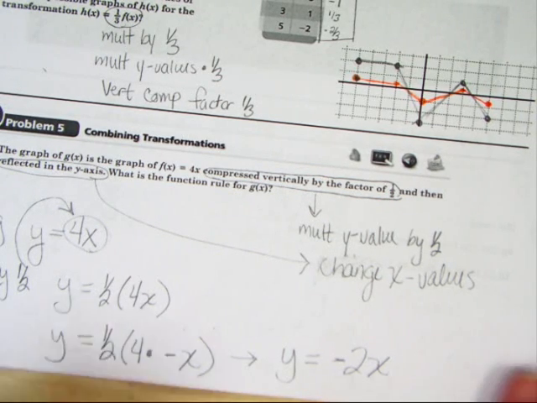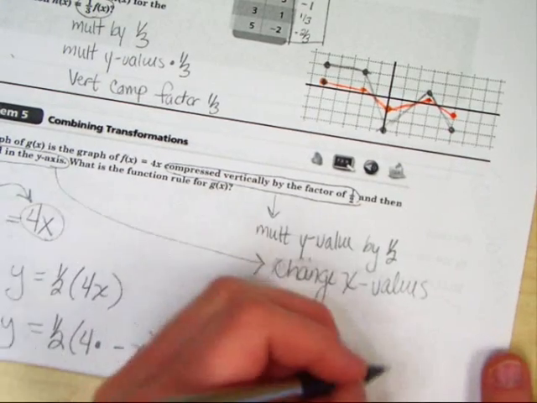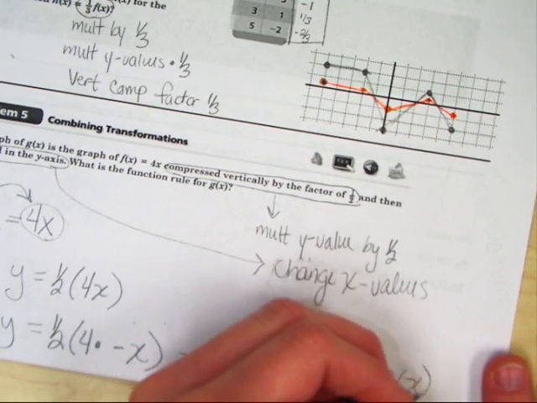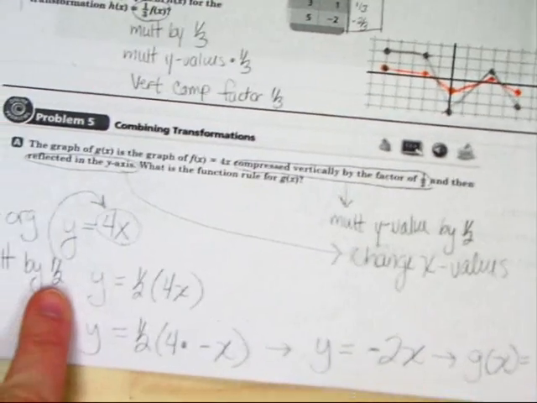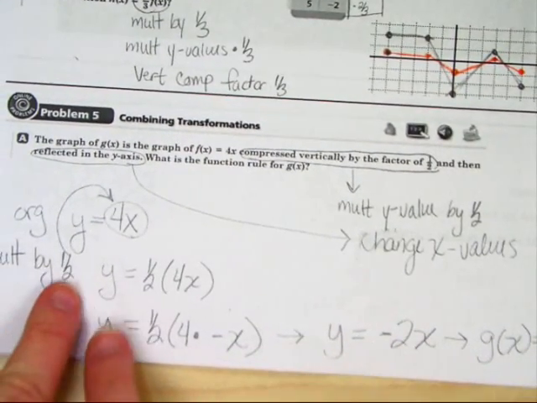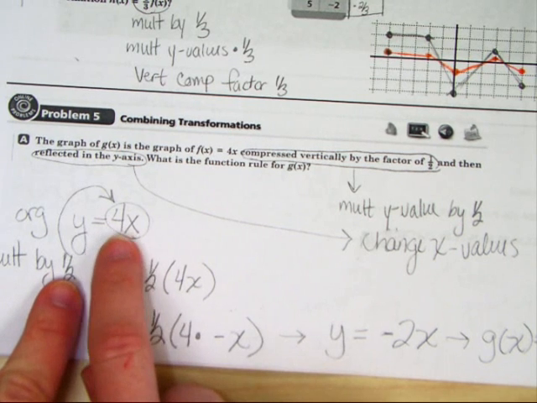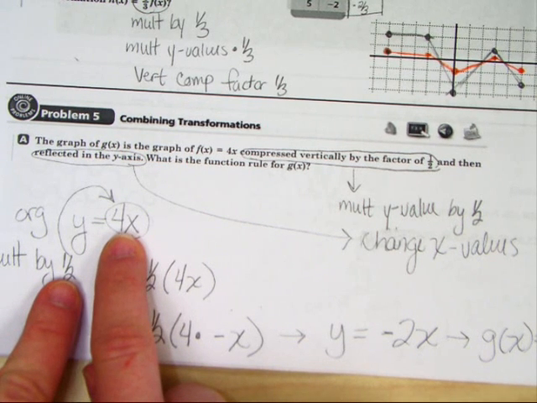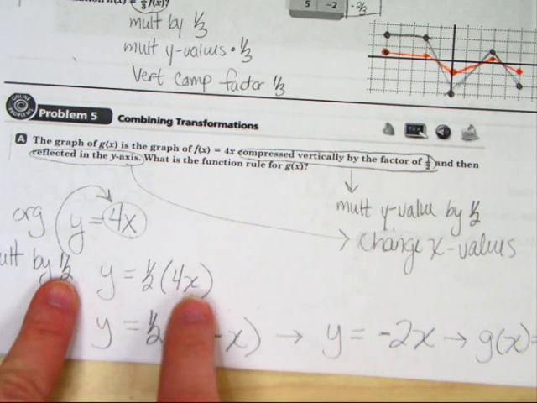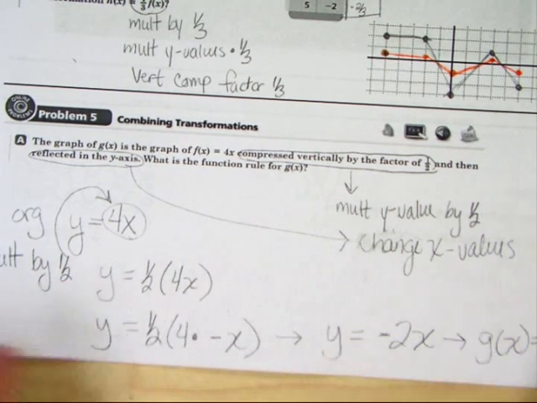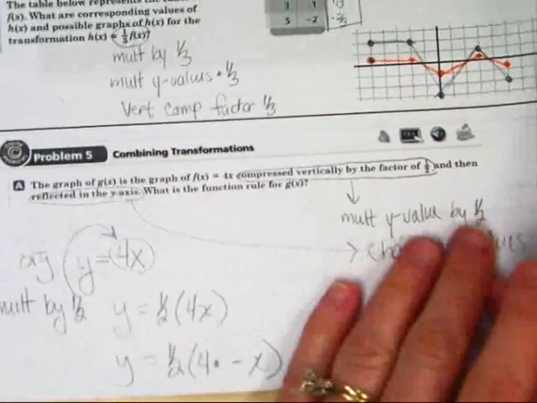And that's it. But they did want us to use g of x, so g of x equals negative 2x. And this, I think, is going to be people's hardest problem here: when you have to multiply by 1/2, just take whatever y equaled and multiply it by 1/2. That way you get 2x, and then reflecting it makes it a negative 2x.